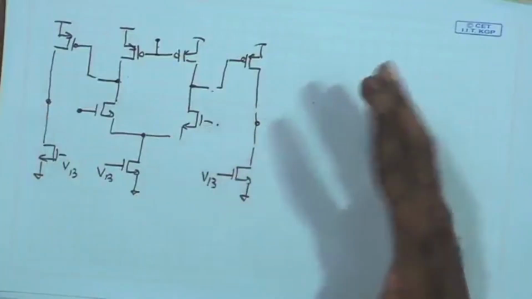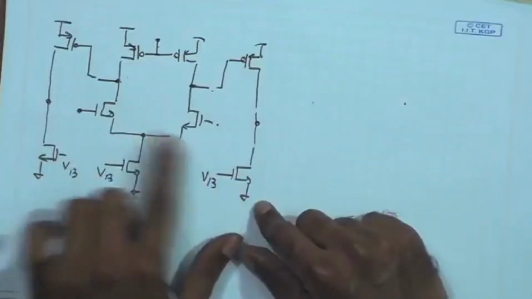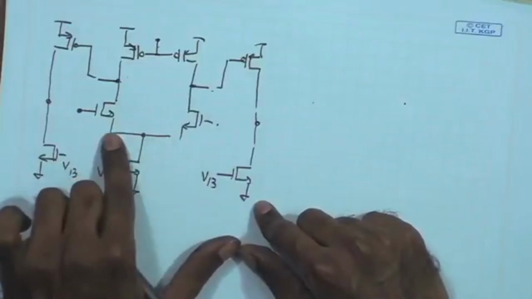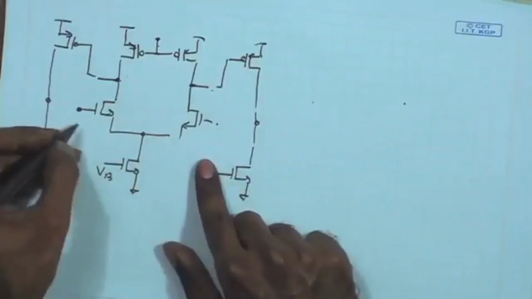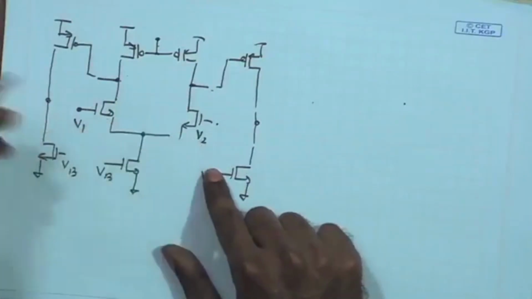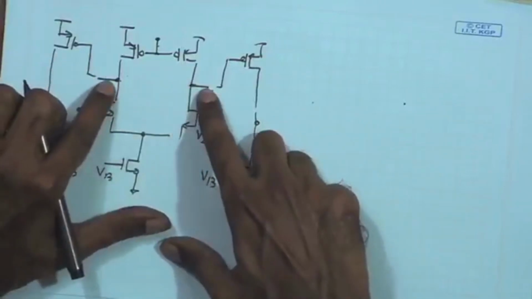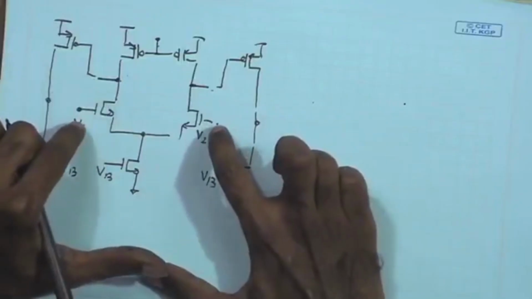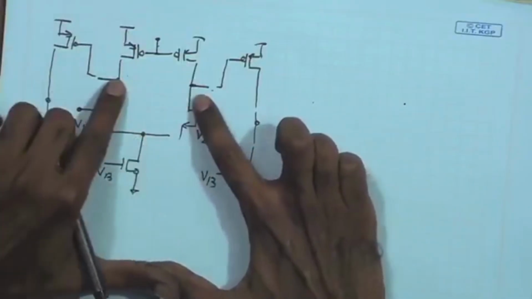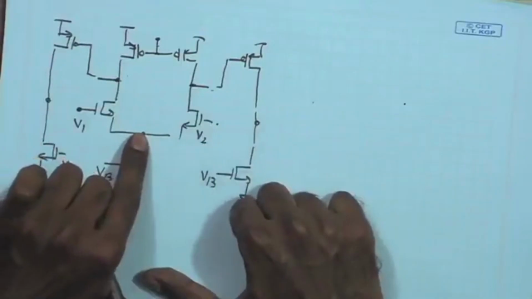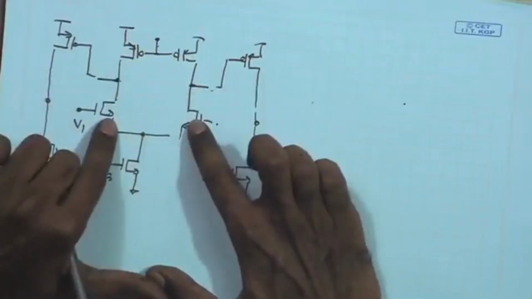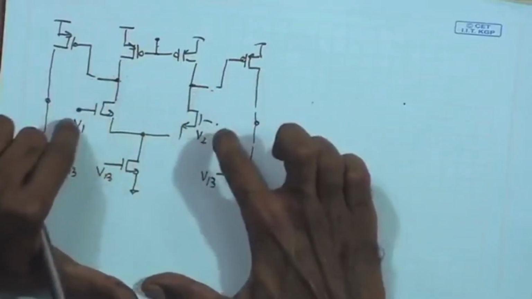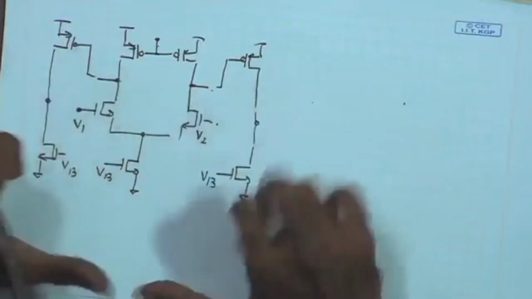If I talk about the differential gain, the first stage is the same as our fully differential amplifier. Therefore, the gain from V1, V2 to VO1 and VO2 over here remains the same, Gm RO by 2. We will assume this point to be AC ground, and then this becomes a common source amplifier with active load, and therefore, the gain expression from these 2 inputs to the output remains the same.